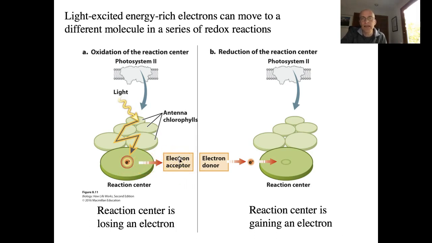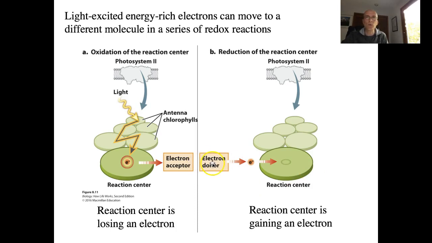Let's just call it the neighbor for now. In order to keep the system stable, that electron has to be replaced by an electron from somewhere else. So the reaction center grabs an electron from an electron donor, because it's so reactive, being short of an electron. That electron donor can be another molecule on the other side of this molecule that is missing one.